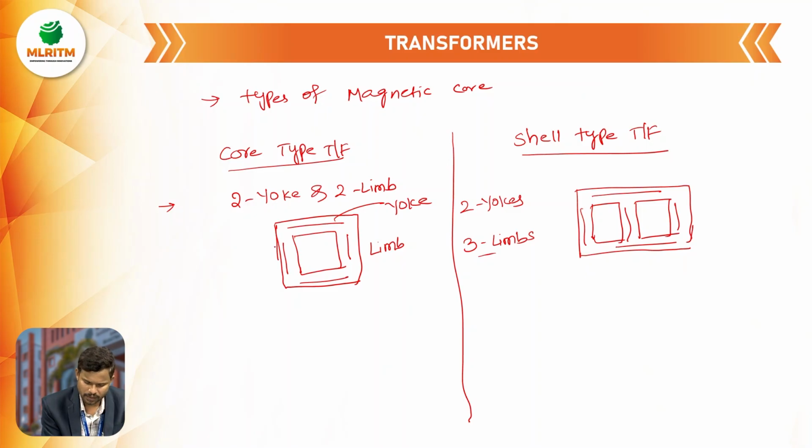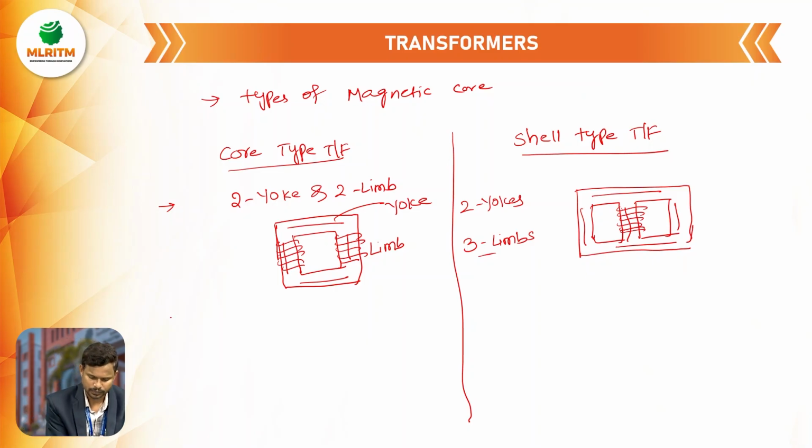The winding on the core in a core type transformer is arranged on the outer limbs. The winding in a shell type transformer is on the inner limb.